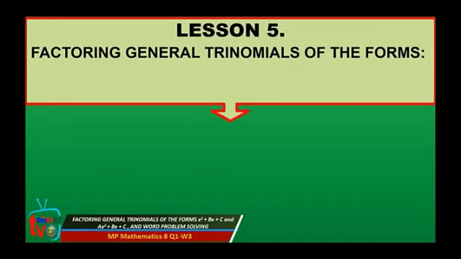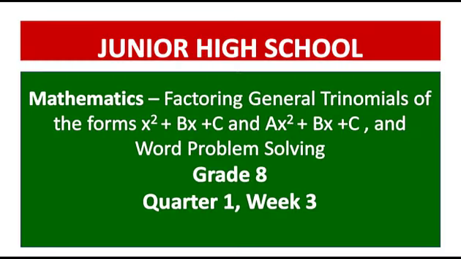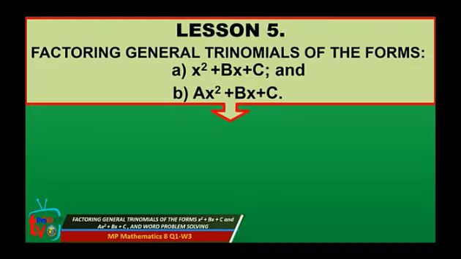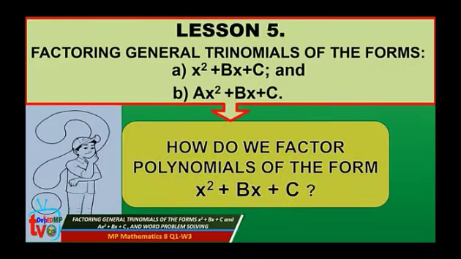Factoring general trinomials of the forms x squared plus bx plus c and ax squared plus bx plus c. Our guide question would be, how do we factor general trinomials of the form x squared plus bx plus c?